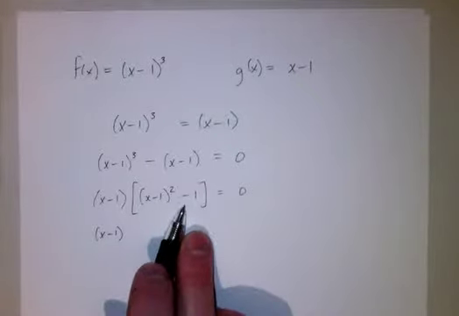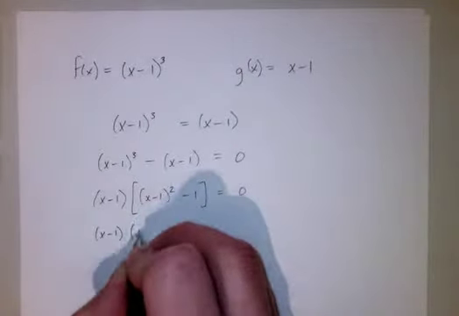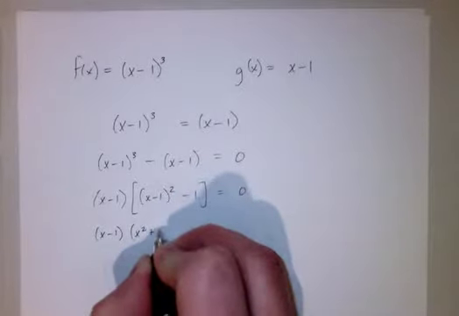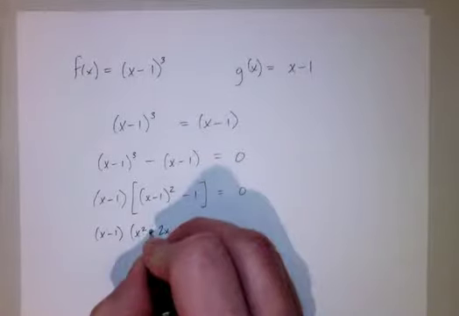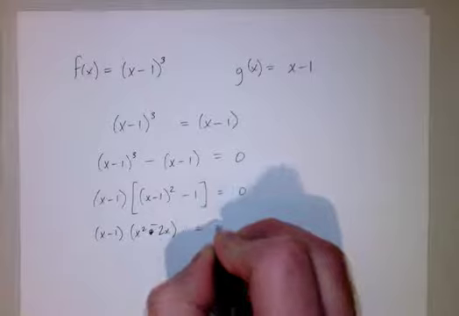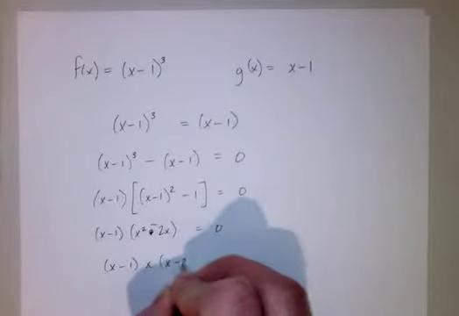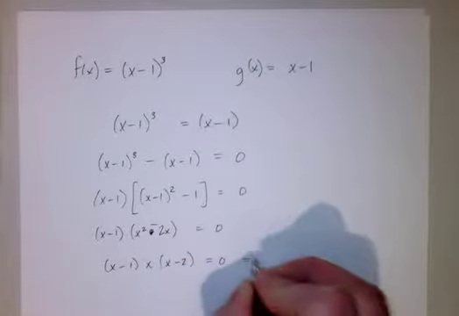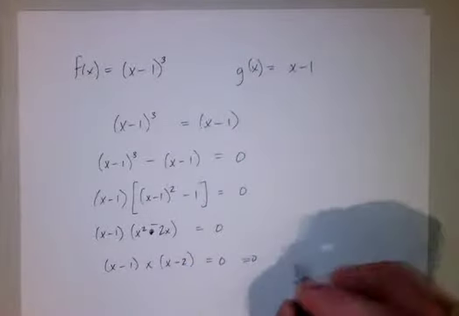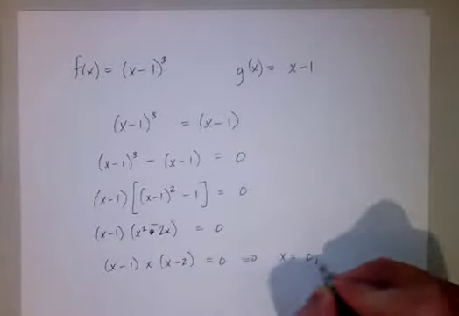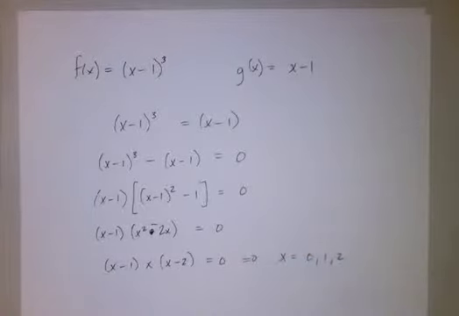The plus 1 and the minus 1 cancel, and I'm left with x squared minus 2x, and therefore x times x minus 2. Therefore we find out that these actually intersect at 0, 1, and 2. That shouldn't be too hard for us to fathom.